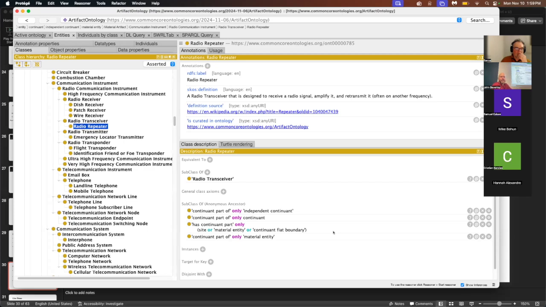So you might think, since this class radio repeater is a transceiver that is designed to receive a radio signal, there should be some characterization in the OWL of design, some relationship to receipt of radio signal, amplification, retransmission, etc.